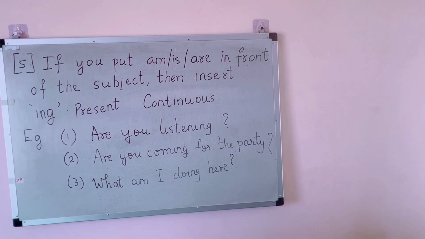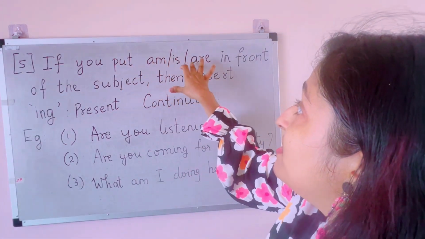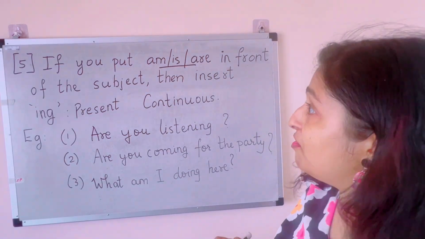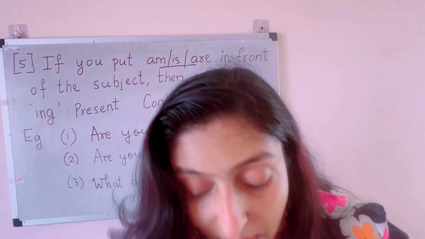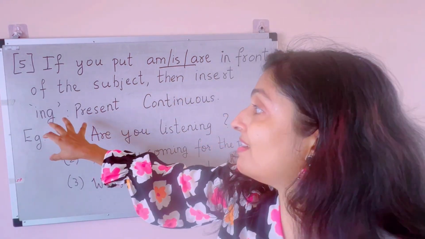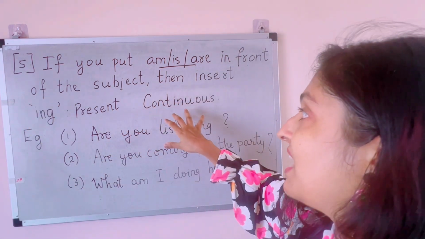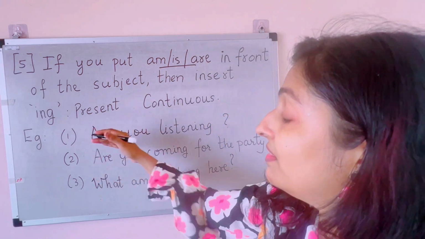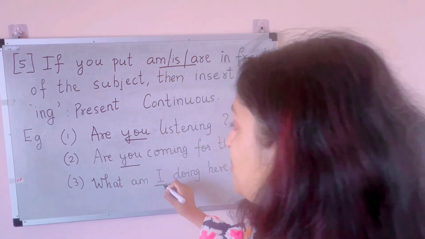Rule number 5. If you put am, is or are auxiliary verbs in front of the subject, then make sure that you insert ing. Inserting ing means present continuous tense. For example, in these 3 examples, this is the subject, right?